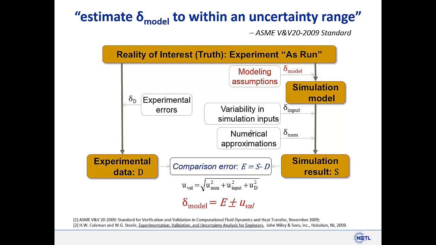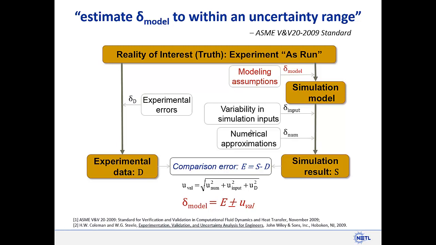And as I said before, in a complex model, you have a number of inputs, so they all have uncertainties associated with them. So that's another source of uncertainty. These models need to be solved numerically, and that brings numerical uncertainties. And when you put all of them together, you get a simulation result. And the difference between them is the comparison error.